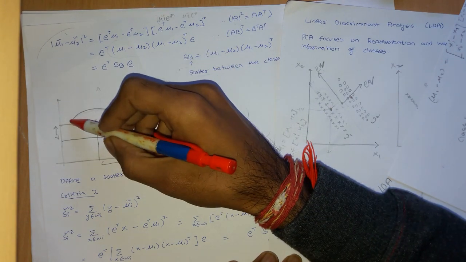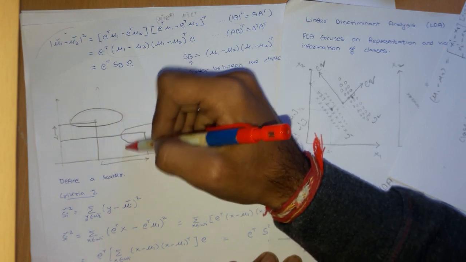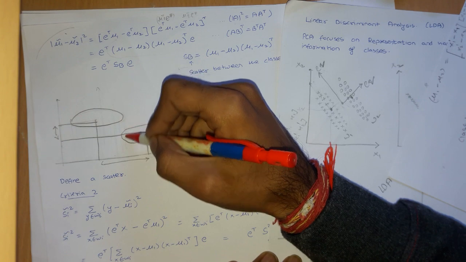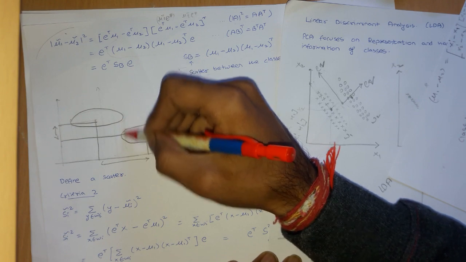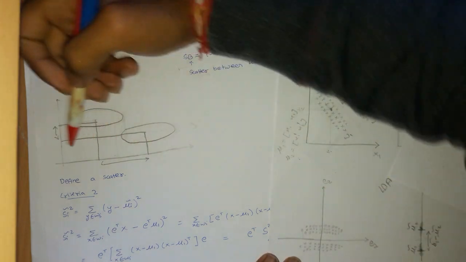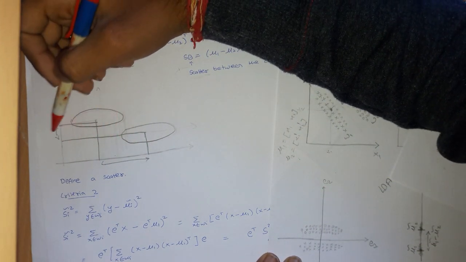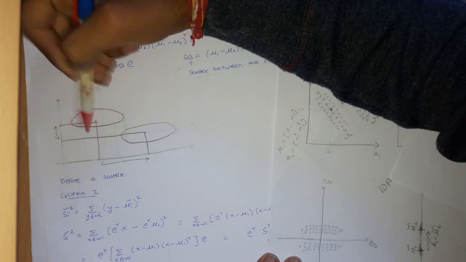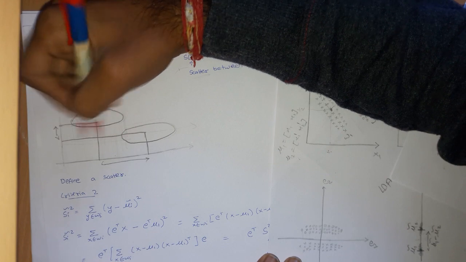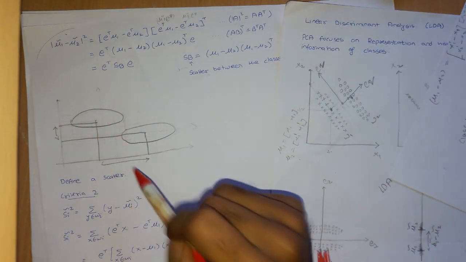When I project all this data onto this axis, there will be some overlap, because both of them will come near to each other. But if I project the space onto this axis, there is not going to be any overlap. The data will be easily distinguishable, or we can say linearly separable, right?